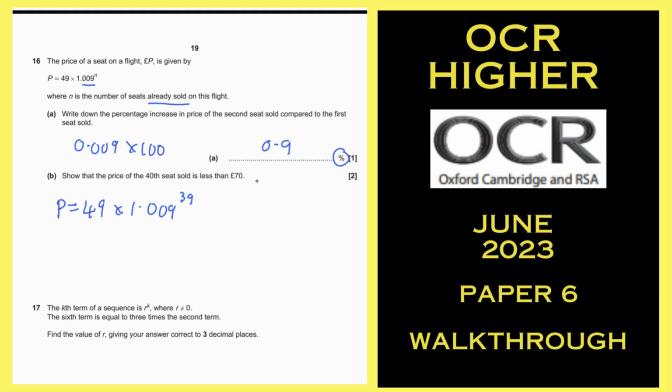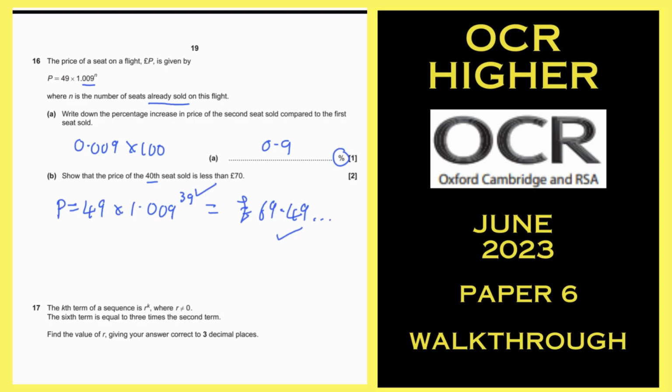Although it says 40 in the question, no. Selling the 40th seat means 39 have already been sold, and you get £69.49. And who cares what else? Because you get 1 mark for using 39 and 1 mark for doing it. As I say, if you did fall into the trap and get 40 there, it goes over 70.